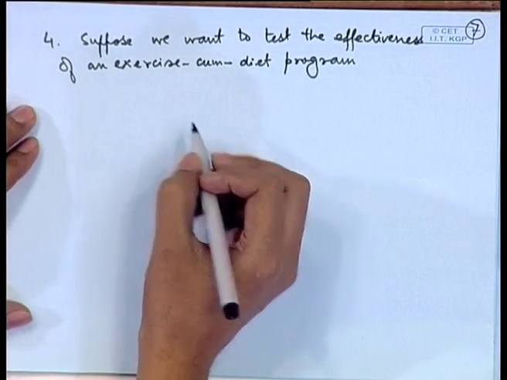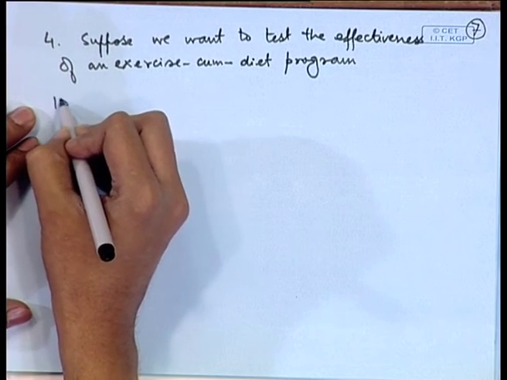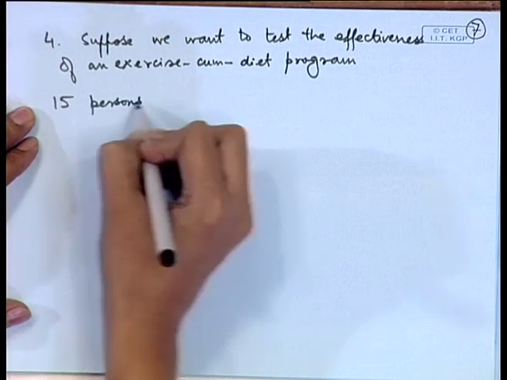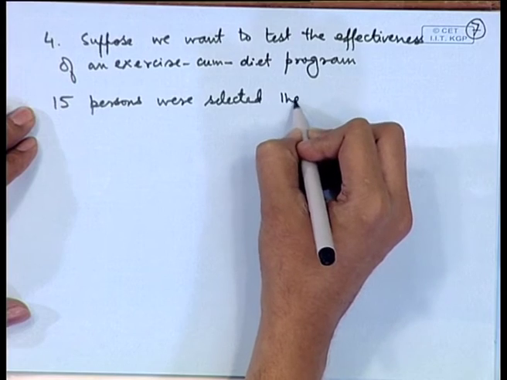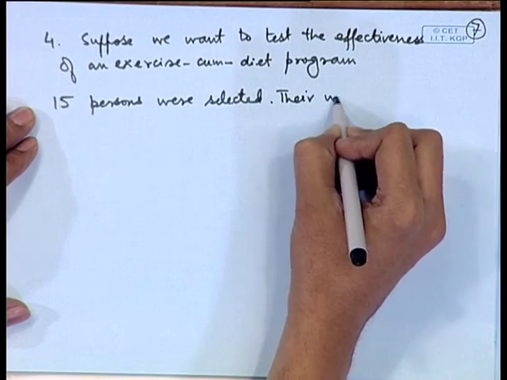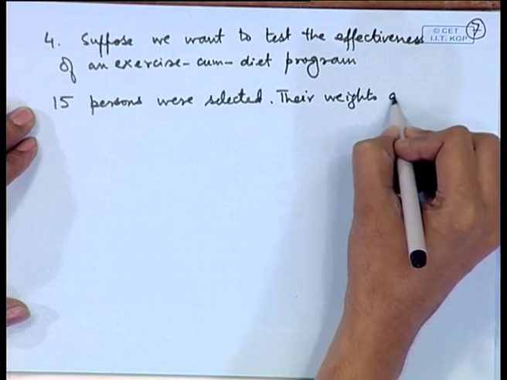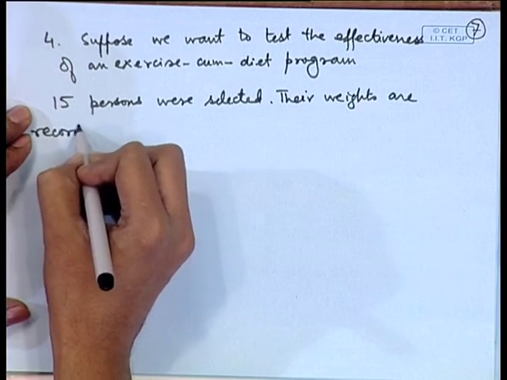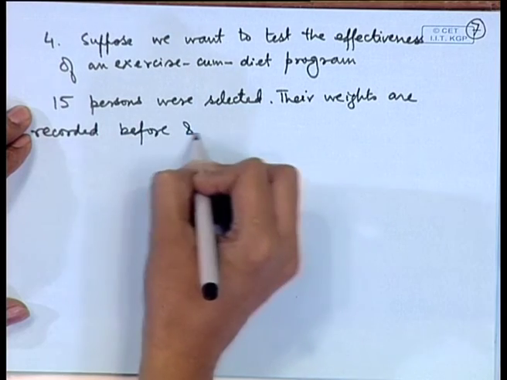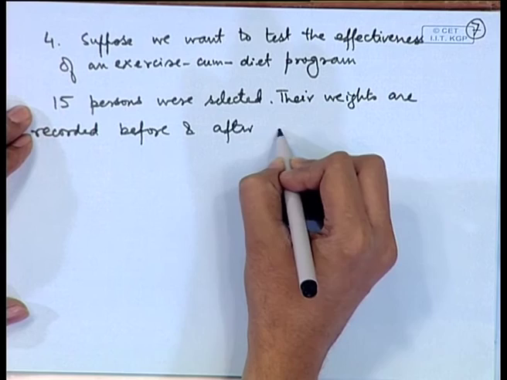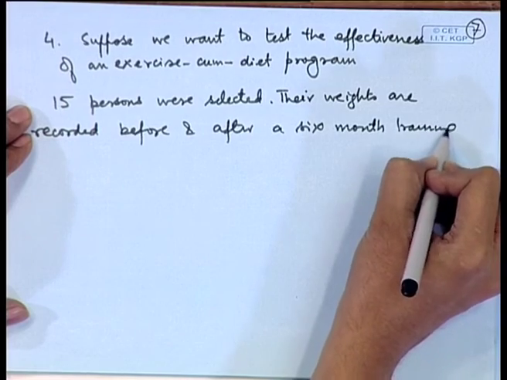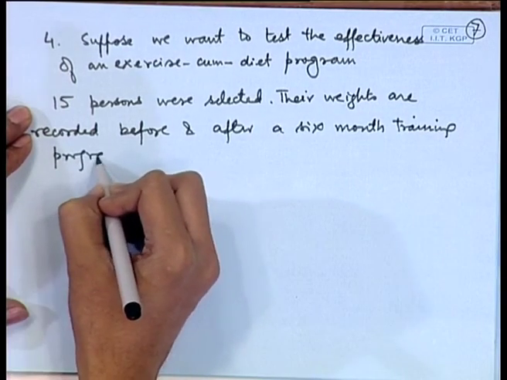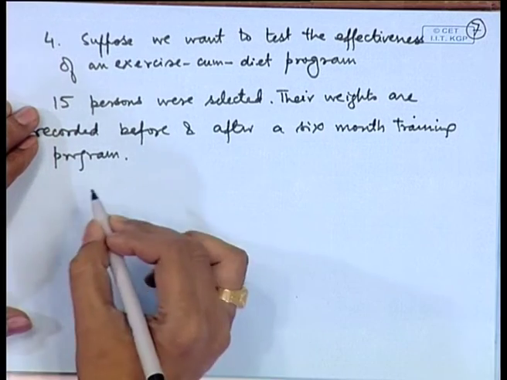Say 15 persons were selected, and their weights are recorded before and after a 6-month training program. We want to see whether the average weights have reduced.